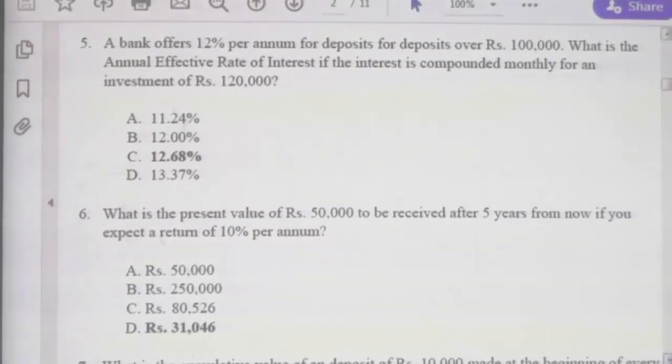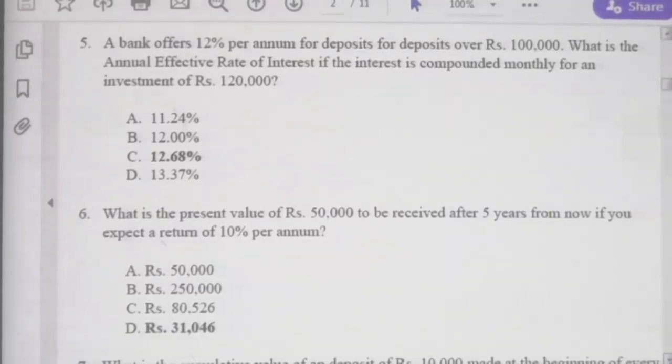A bank offered 12% per annum for deposits over 100,000. What is the annual effective interest rate if the interest is compounded monthly for an investment of 120,000? Right? That is the question.